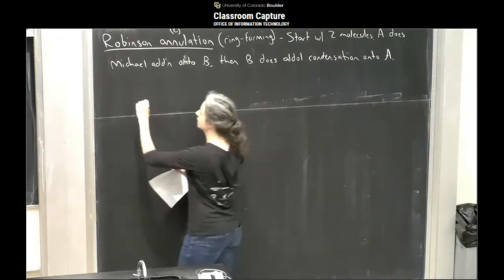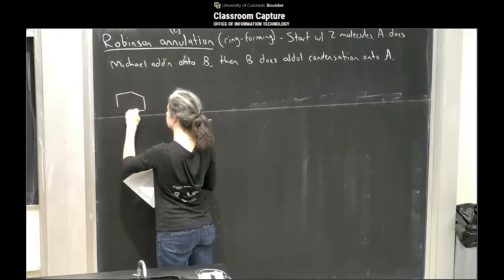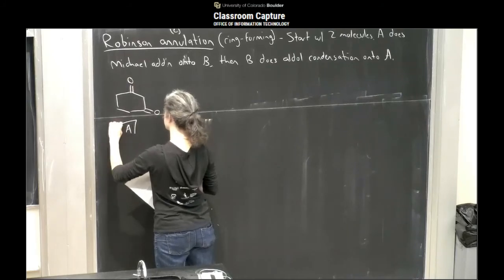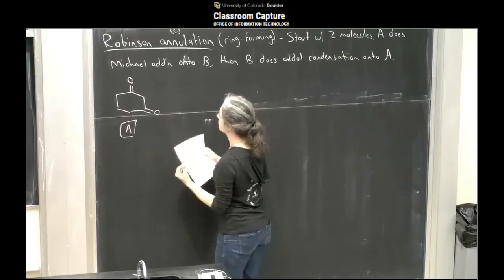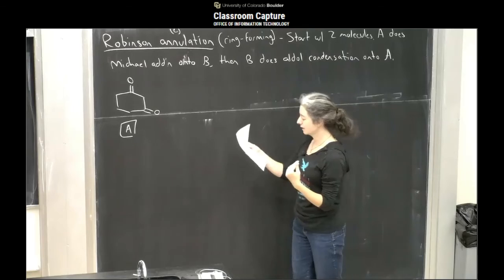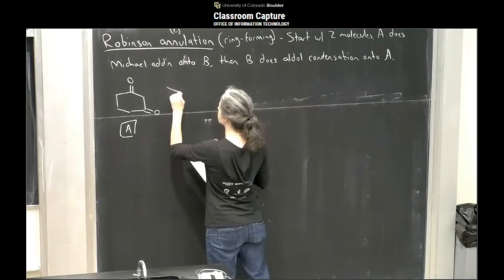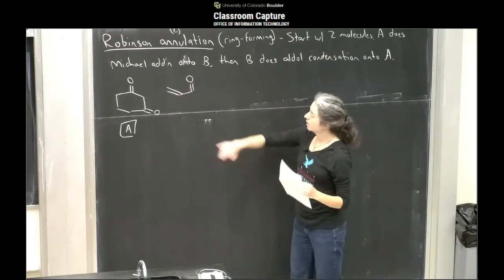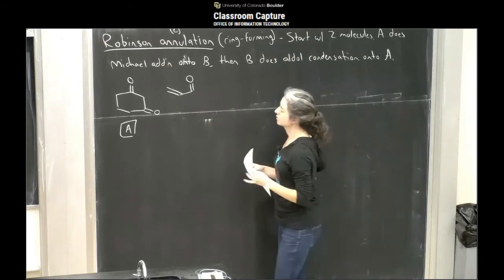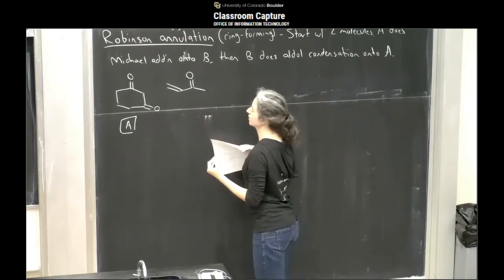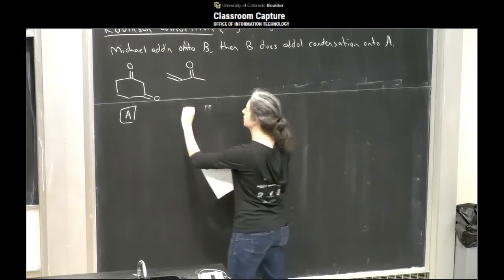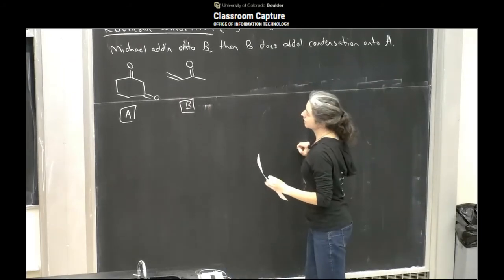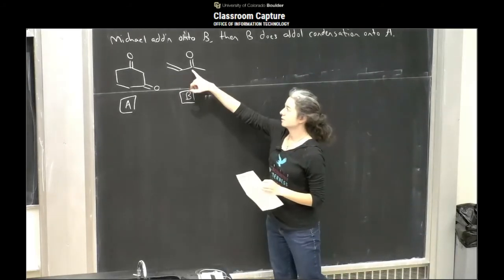Okay, so I'm going to use this for A, and B has to be something that Michael addition can be done onto. So it's got to be a conjugated carbonyl. We need at least one alpha proton out on the other side of the carbonyl for reasons that will become apparent pretty soon here. So B, I'm going to use this molecule.